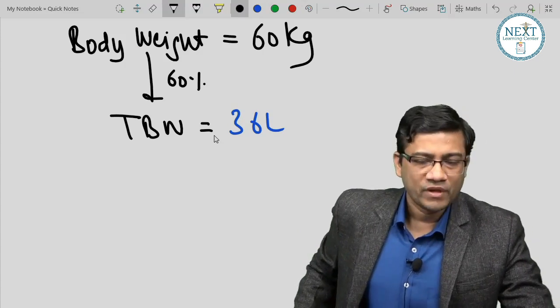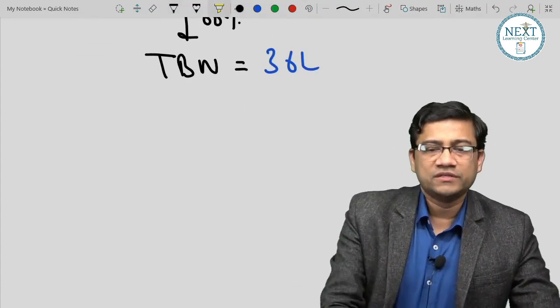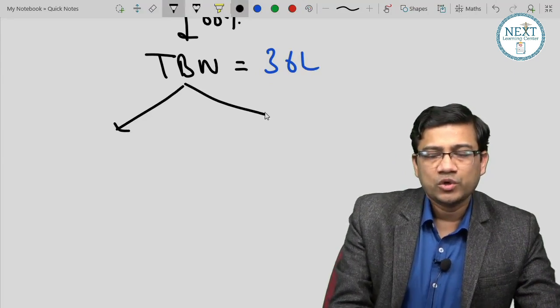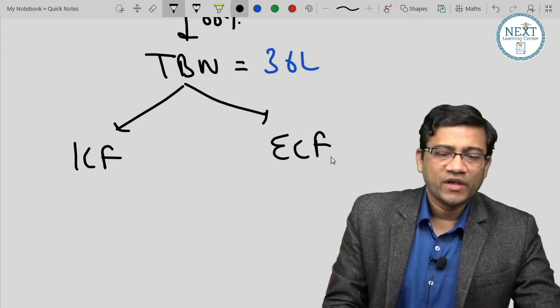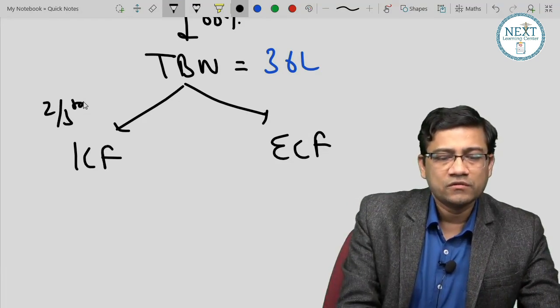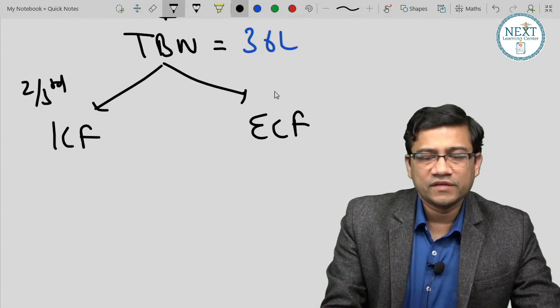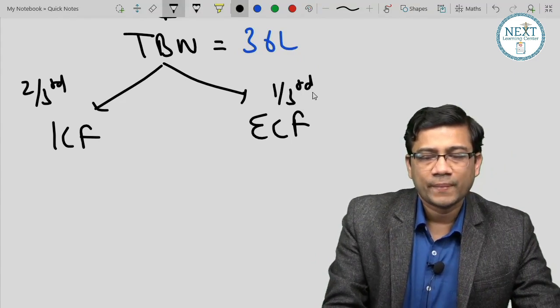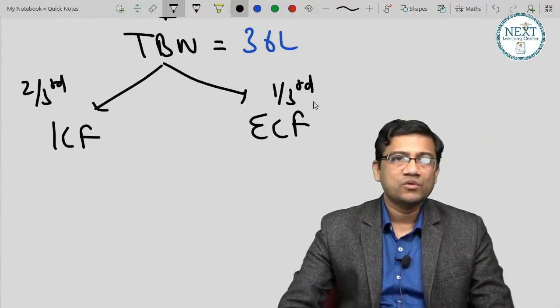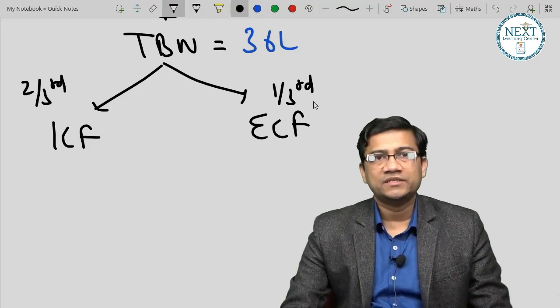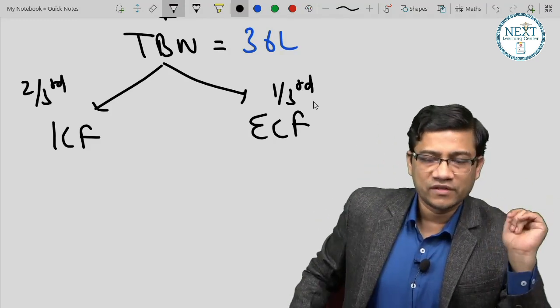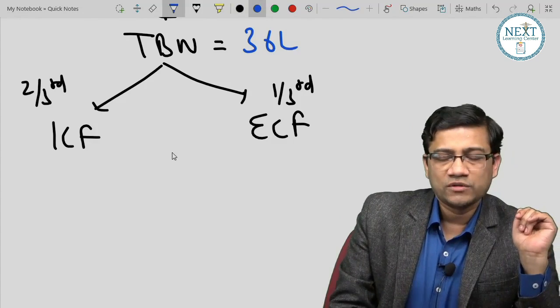Is it clear? Now this total body water is divided into how many parts? 2 parts, ICF and ECF. ICF is 2/3, ECF is 1/3. So if you convert it, how much does it become?